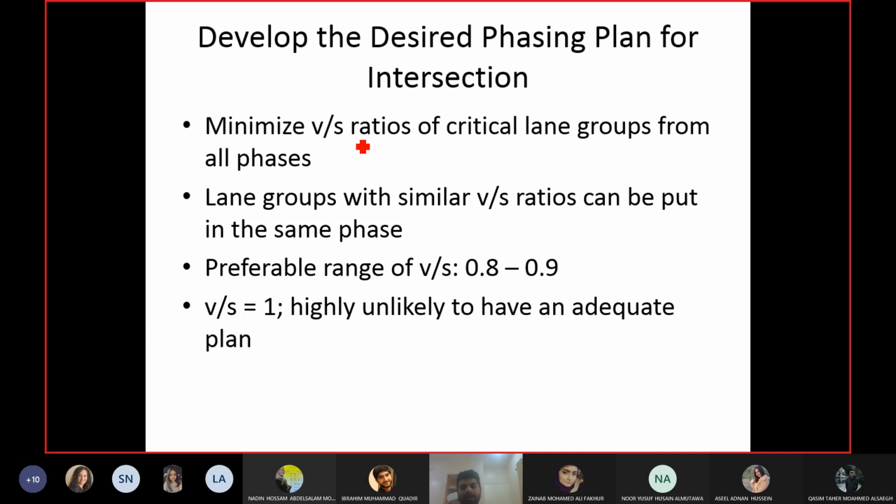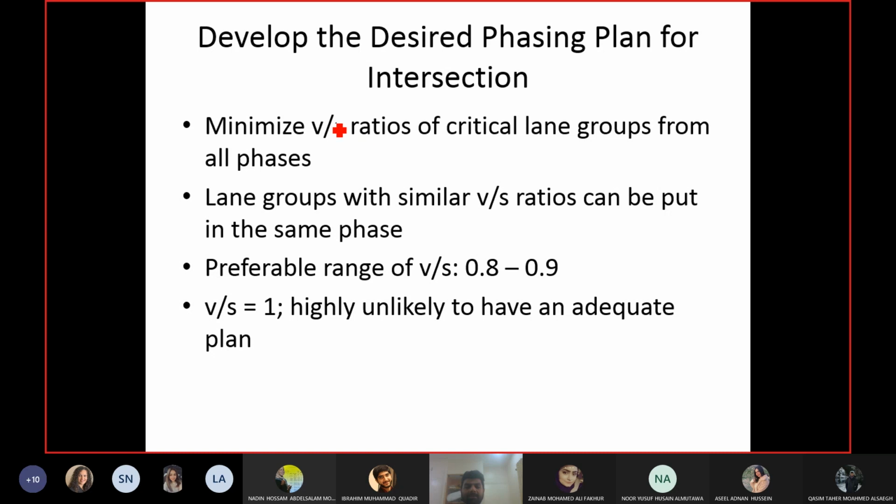So you have to arrange movements in different phases so that when you add the V upon S ratio for each critical lane group for all phases, you will get the minimum value. There can be different possible combinations, and from those combinations you will pick the one which will give you the least summation of V upon S ratio.